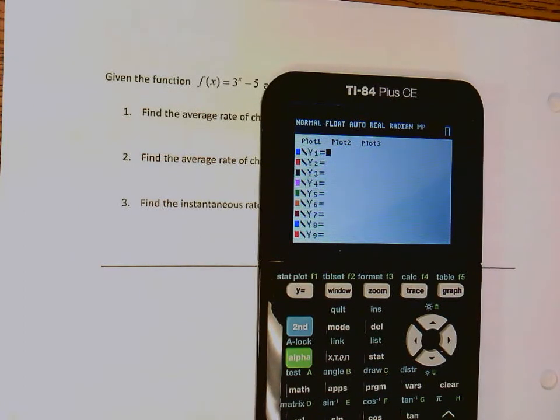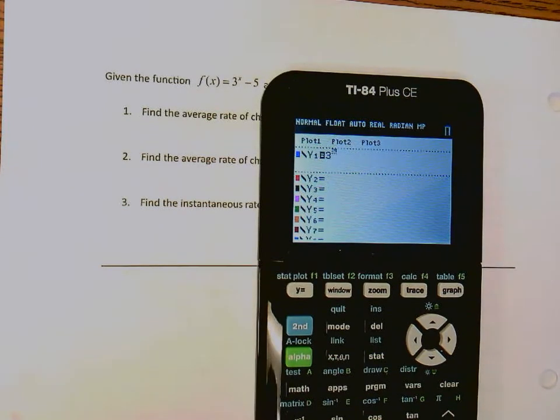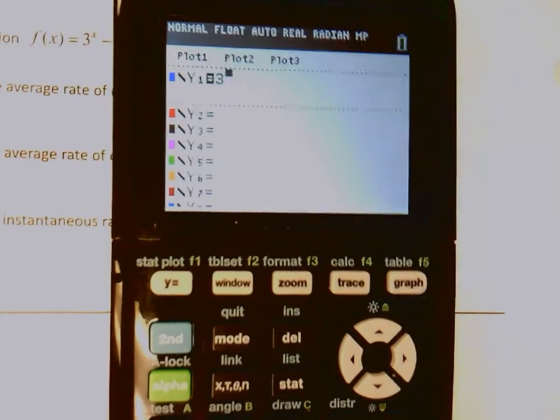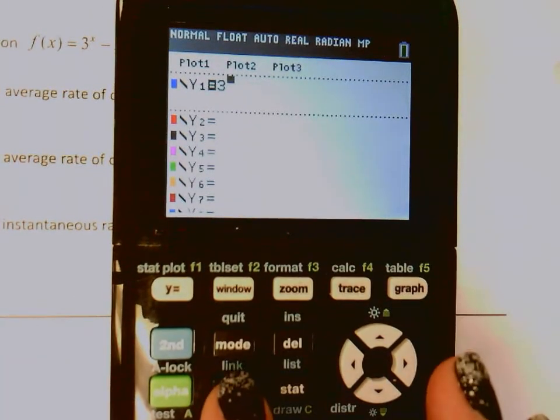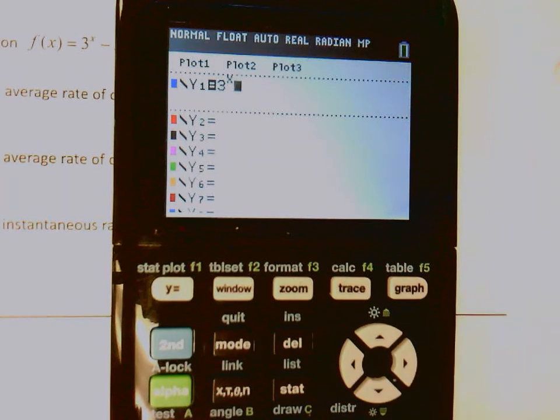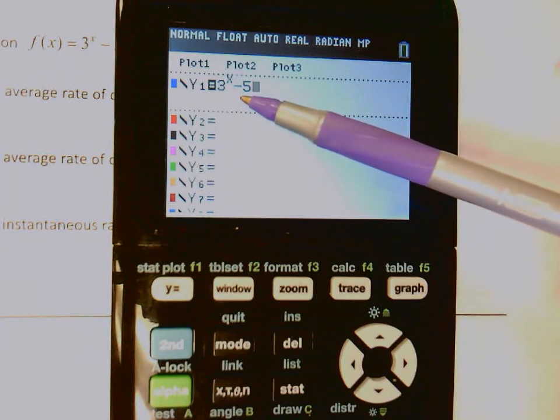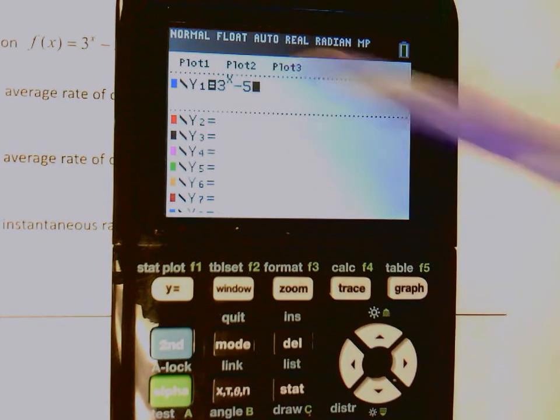All right. In your y equals menu, type in 3 to the x minus 5. So 3, that upwards caret. Everyone know where that key is? 3 raised to the x power. Use the variable key, arrow over, and then minus 5. Make sure you use the minus sign, not the negative sign. There's a difference.